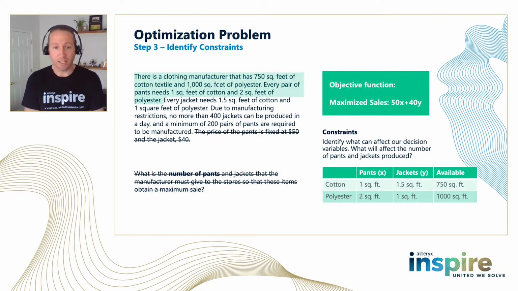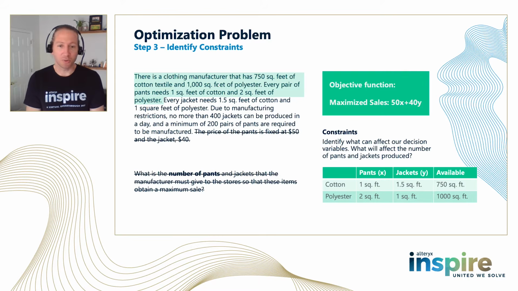For every jacket that I create, I'm going to lose 1.5 square feet of cotton. So if I create one jacket, that goes down to 748.5. If I make another jacket, that goes down to 747. Someone check my math as I go through today. I'm sure I'm going to make more mistakes if I try to do things in my head. It's the exact same thing for polyester.